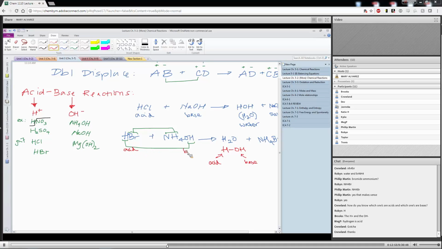And this one donated the OH, so it must have been the base. Excellent, perfect. Okay, so that's acid-base reactions. Again, it's just a double displacement reaction where your two starting compounds happen to be an acid and a base. All right, so next let's talk about precipitation reactions.